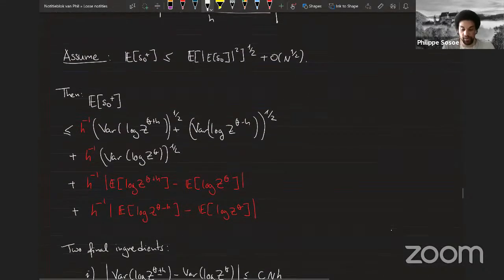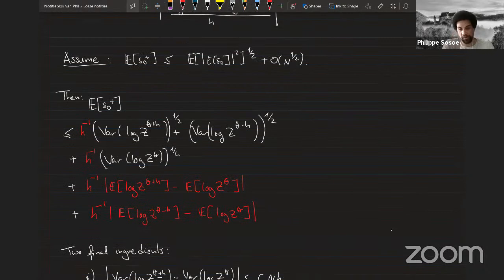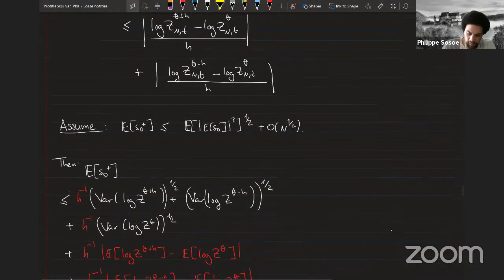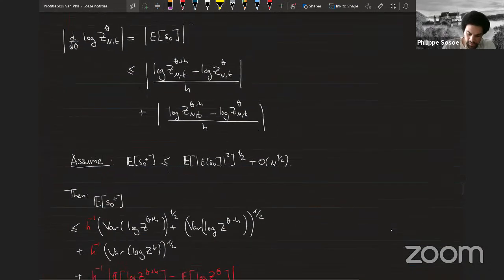So the first assumption is, let's assume that expectation of S0 plus can be replaced by just expectation of S0 at the cost of increasing the moments and taking a 1/2 power. Okay, then expectation of S0 plus, what are we going to do? Well, expectation of S0, I say we can replace this by difference. Maybe let me try to have everything on the same screen.